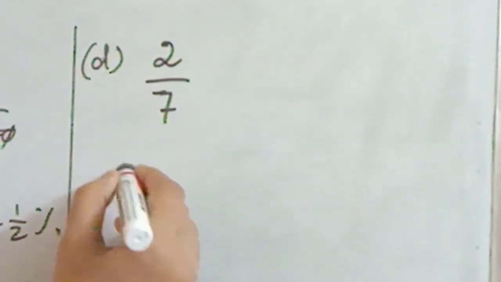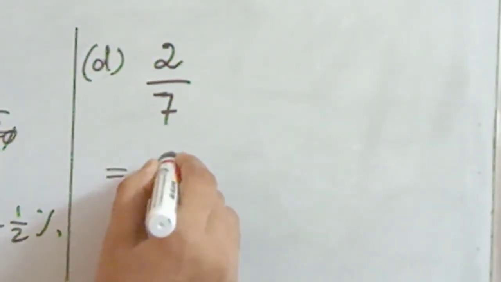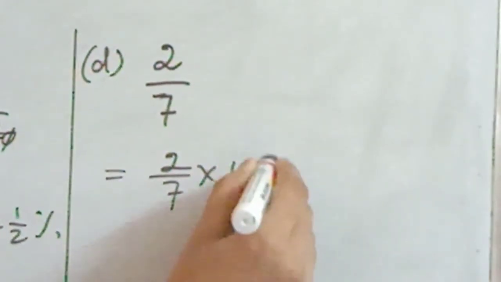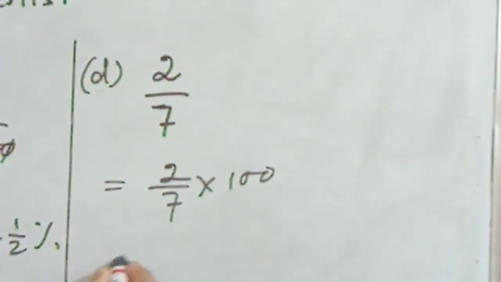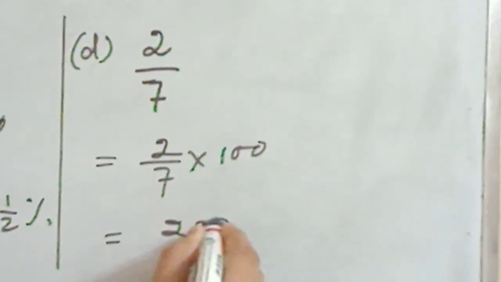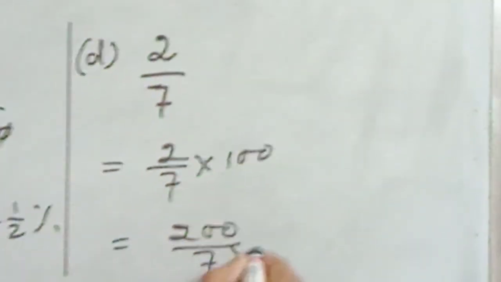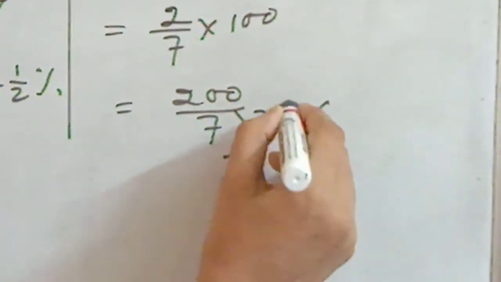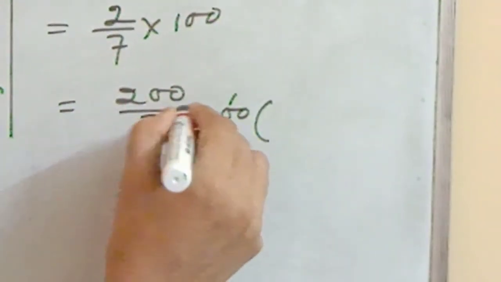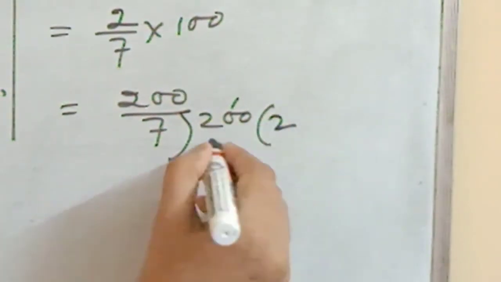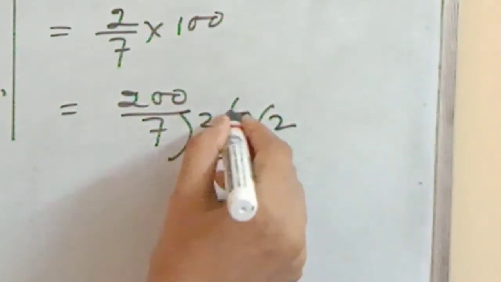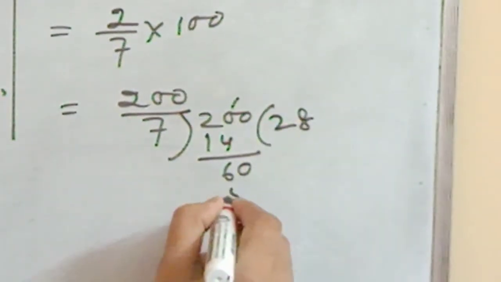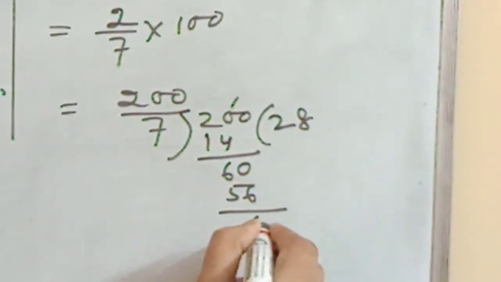Now 2 by 7, convert this fraction into percentage. 2 by 7 into 100, not possible to cancel, so it will be 200 by 7. If you divide 200 by 7, 7 2s are 14, 6, bring down 0, 8 7s are 56, remainder 4.